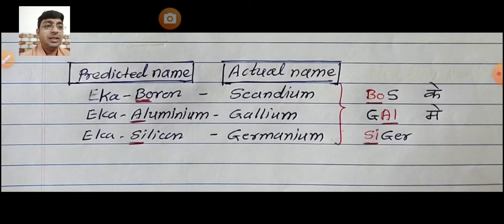Second one, Al is in red, so it is the predicted name Eka aluminium, and its actual name starts with the letter G, that is gallium. And the third pair is Si, meaning Eka silicon, and its correct or actual name is germanium. So I am writing their short forms: Bosque, Galme, Caesar. In this way, you remember these pairs and write the correct answers in the exam.